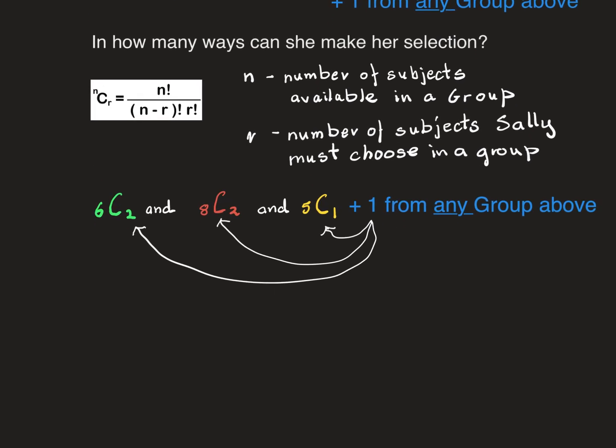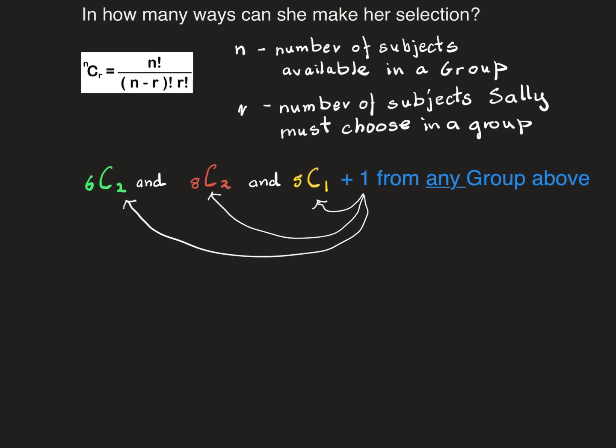So let's say that she chooses the extra subject from group A. So there will be 6 subjects in group A, and she can choose 3 subjects. And she will also then choose 2 subjects from group B, and there's 8 there.